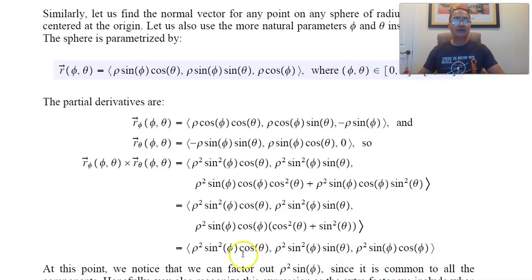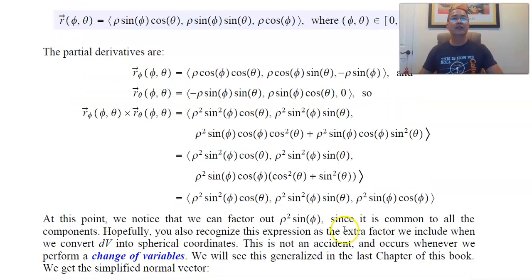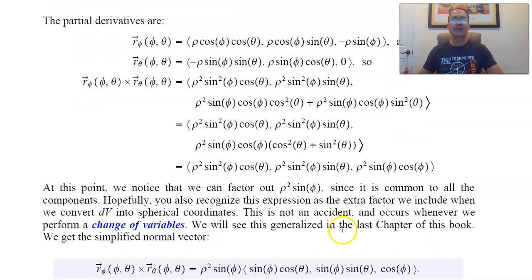So we have rho squared sine squared phi cosine theta, rho squared sine squared phi sine theta, rho squared sine phi cosine phi. Rho squared is everywhere. Sine phi is everywhere. So we can factor those out.